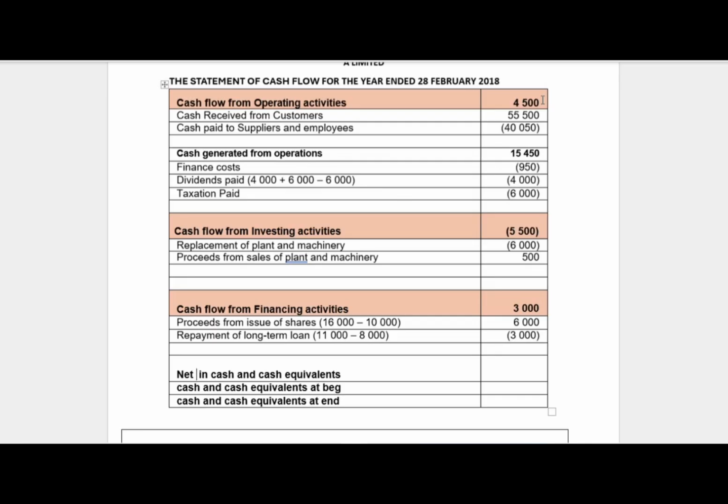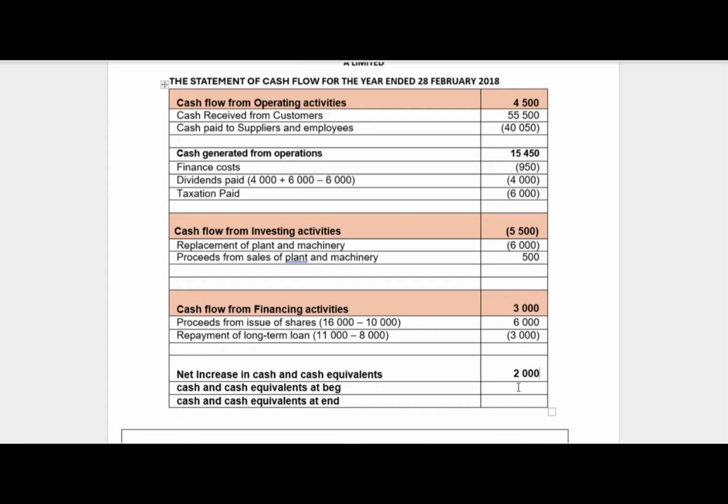So I am getting a net increase. So this is a net increase in cash and cash equivalents of 2,000. Okay. So now we need to determine the cash and cash equivalents at the beginning, and it must correspond.